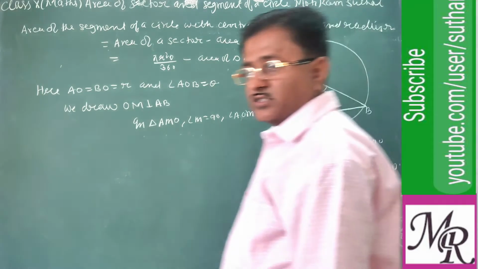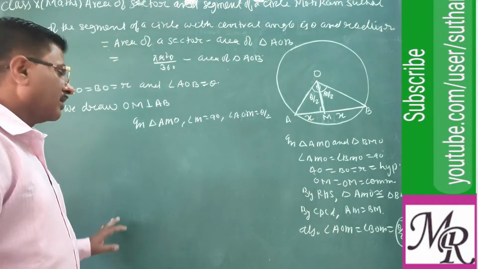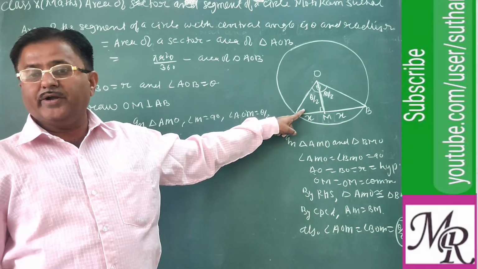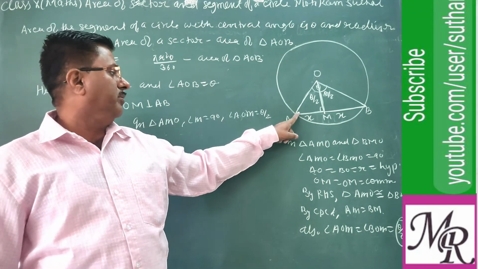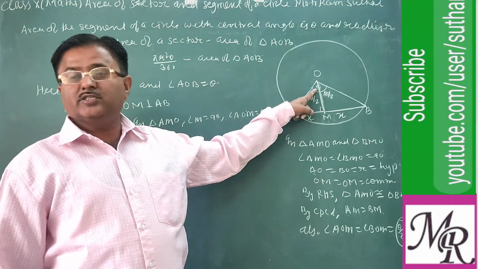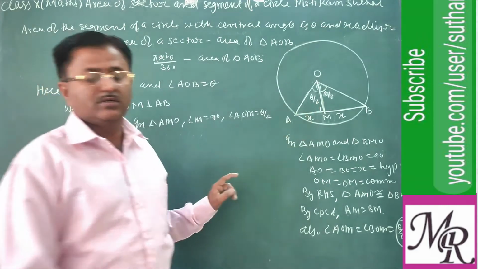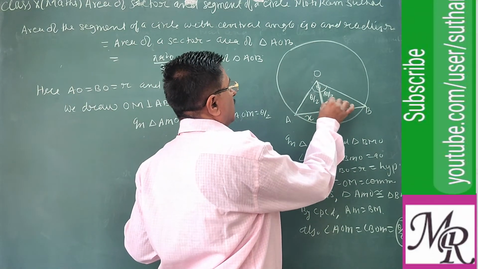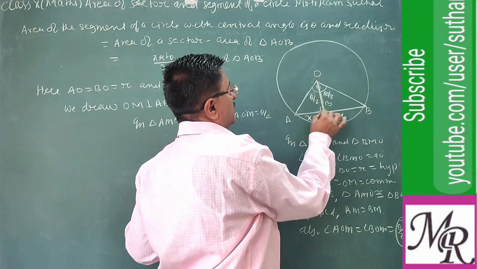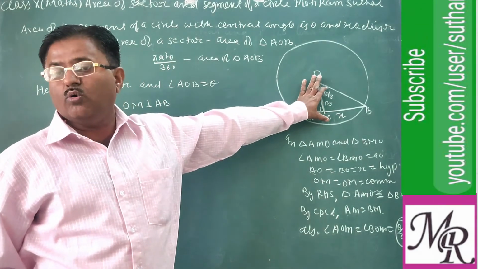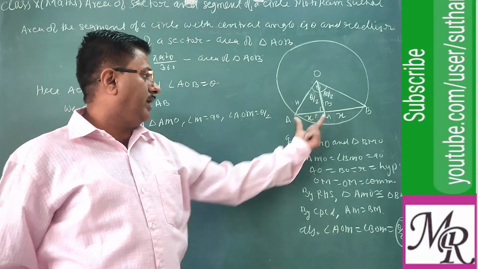In this triangle we are considering a right triangle, and you already know in trigonometry, if this angle is theta and this is 90, then this is the base, this is the perpendicular and this is the hypotenuse. Now we find OM and AM.